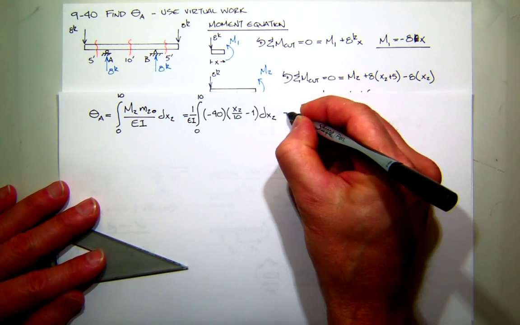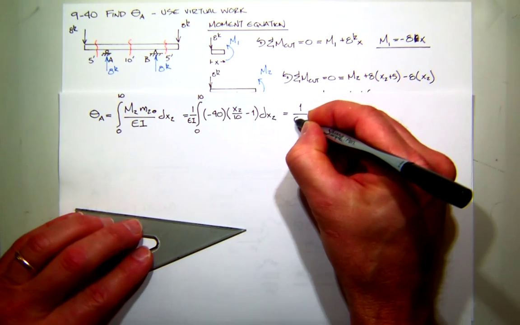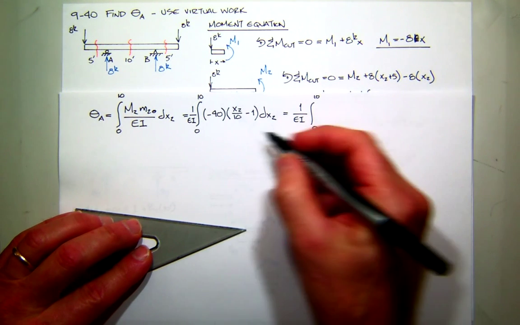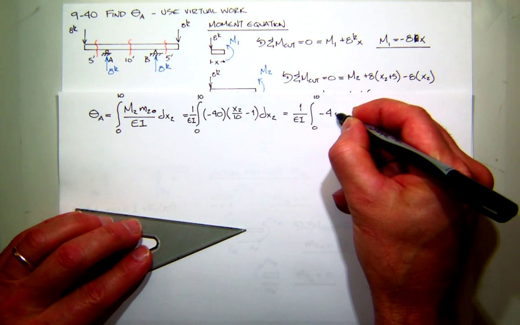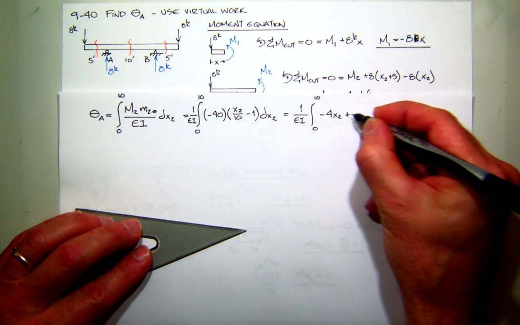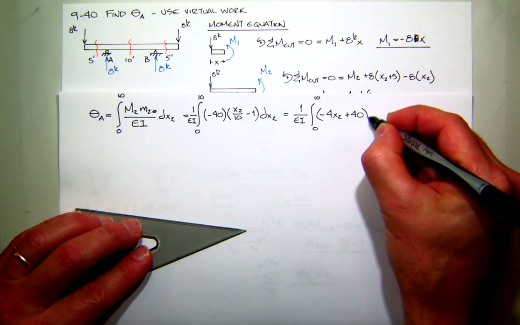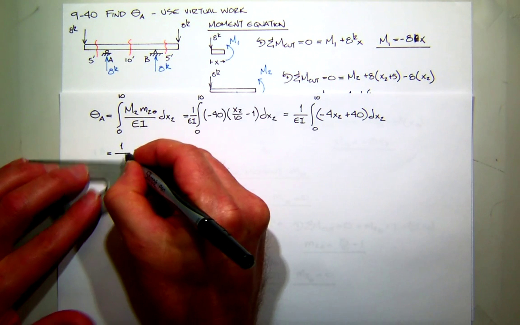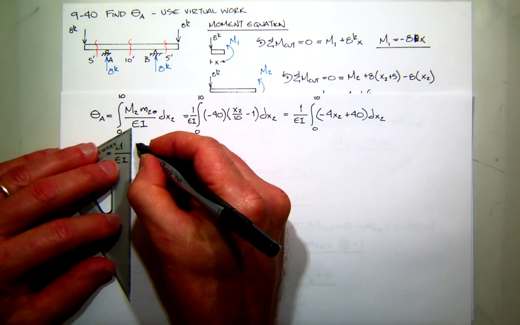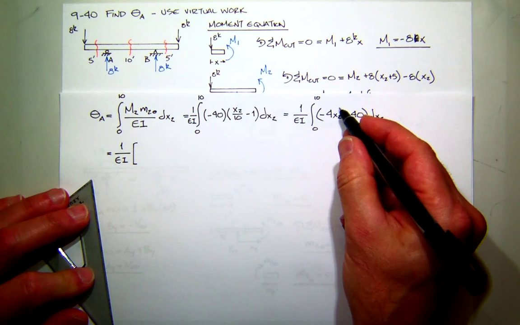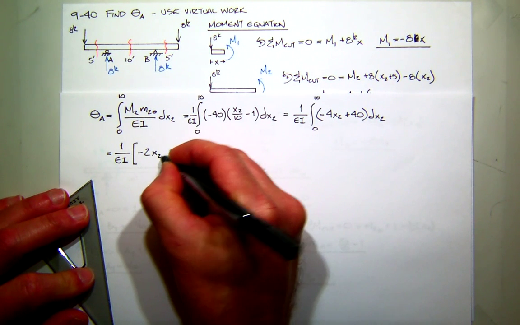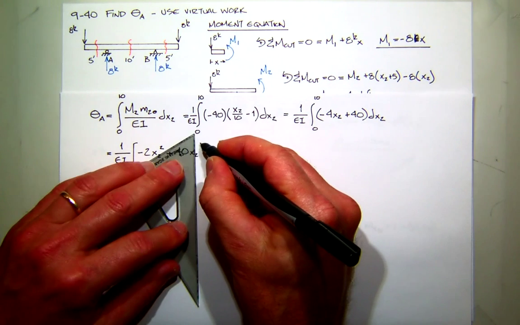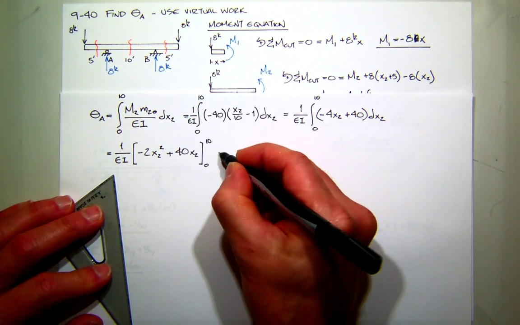I might be able to do this. So we got 1 over EI, integral from 0 to 10. So I multiply that out, it looks like I get minus 4x2 plus 40 dx2, which would be, bring that outside, so this is going to be minus 2x2 squared plus 40x2, and x2 is from 0 to 10.